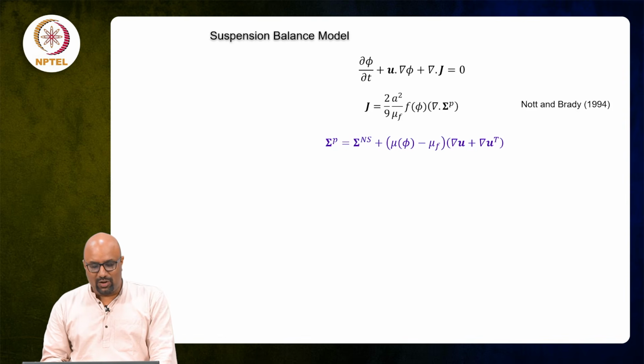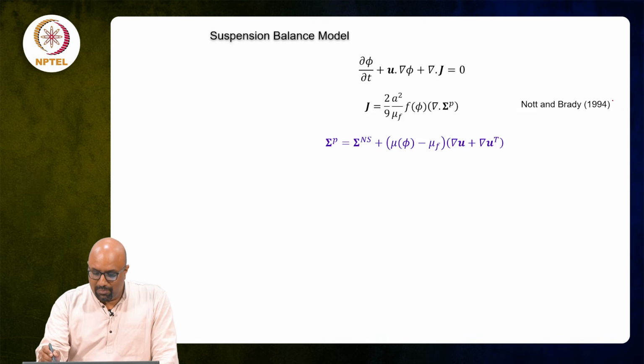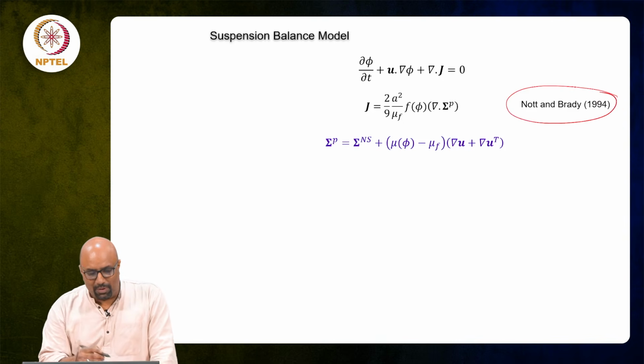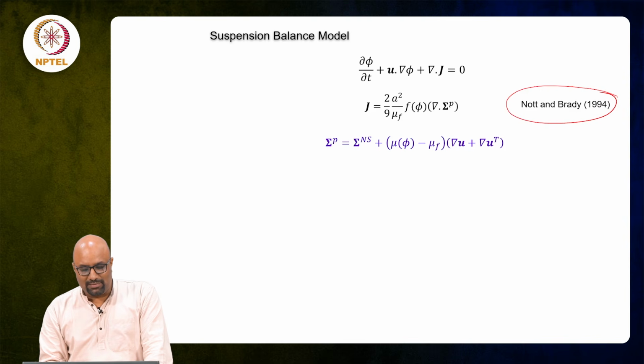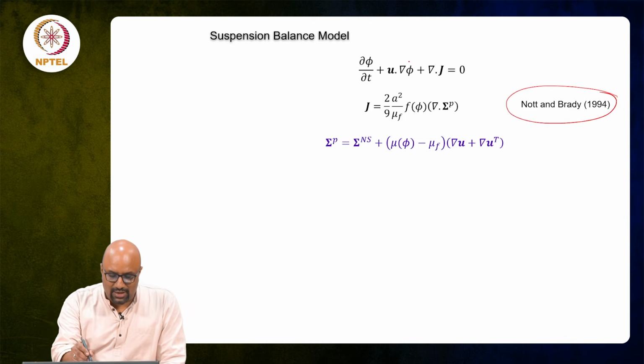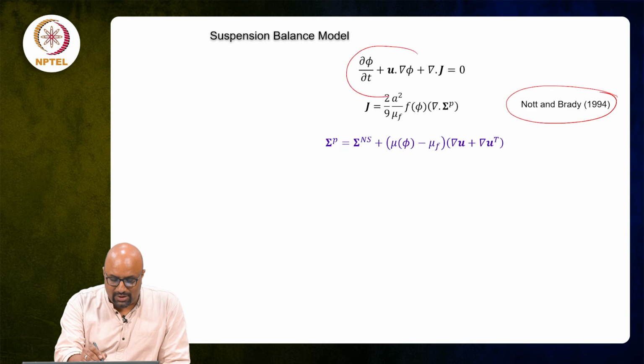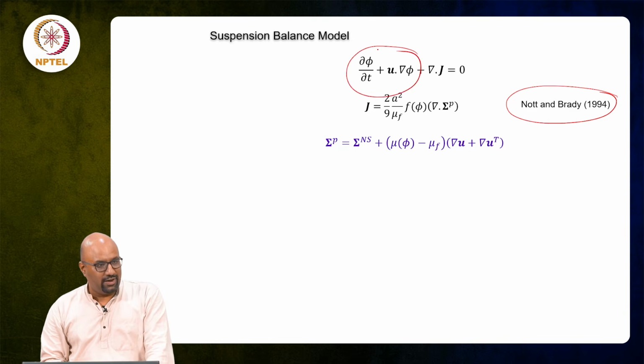So, I have just written down here one last equation which is basically trying to say what is the particle concentration equation. This is motivated by a pioneering paper by Knott and Brady that tries to write down this equation by saying that particle concentration has this usual advection part.